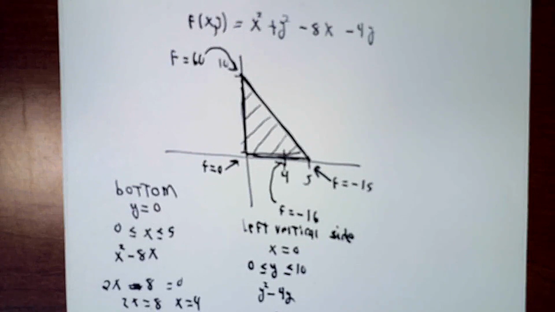In that context, the derivative is 2y minus 4, and obviously this will be 0 if y is equal to 2.